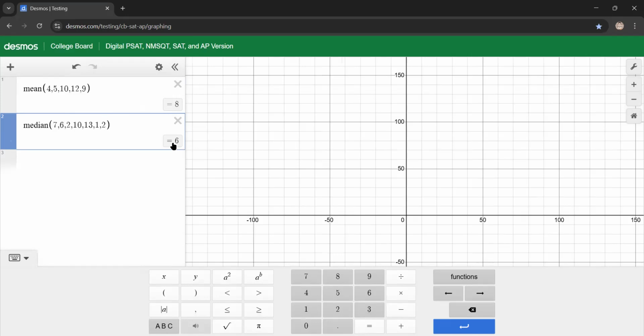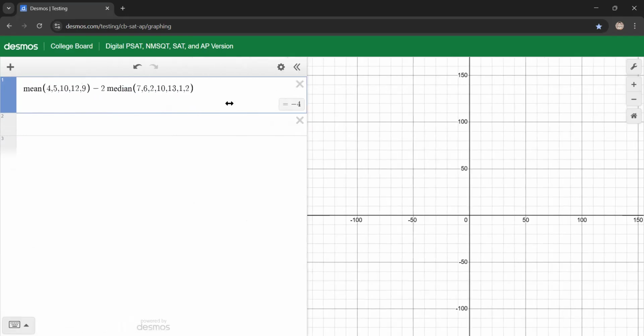Now let's say some questions are telling you the mean of this list minus 2 times the median of this list. What is the value? So you can actually use it like this is a number now. This whole thing is a number now and you can operate on it. So I'll do minus 2 times the median, okay? You can see what I wrote and I got the value directly.